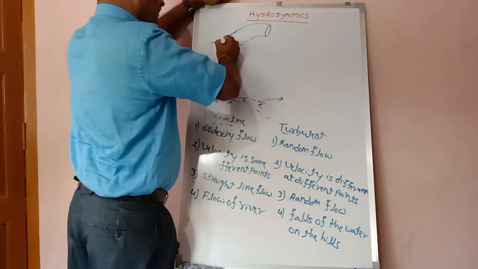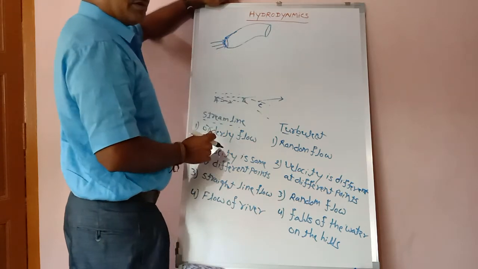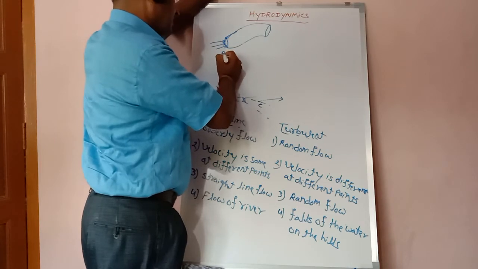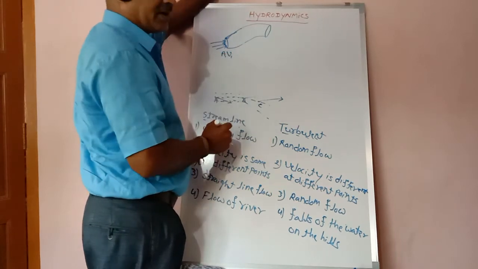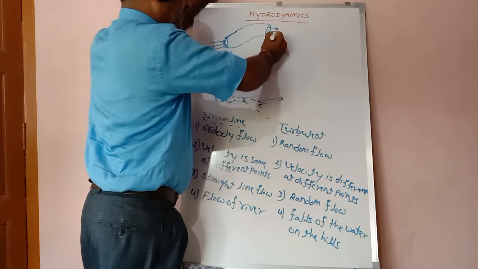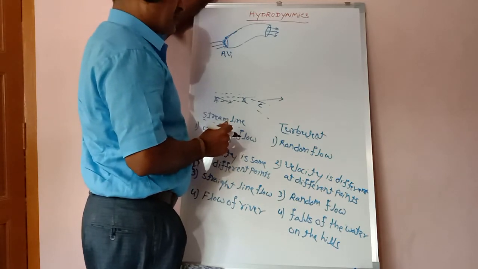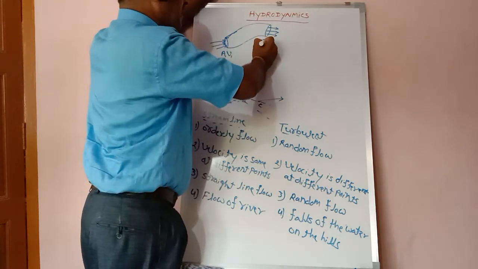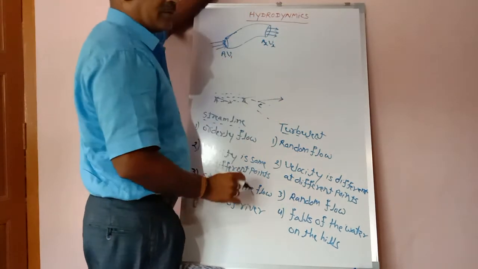So here the flow of the fluid enters at this end, with area of cross section A1 and the speed of the fluid V1. When the fluid emerges from the other end, the area of cross section of the pipe is A2 and the velocity of the fluid is V2.